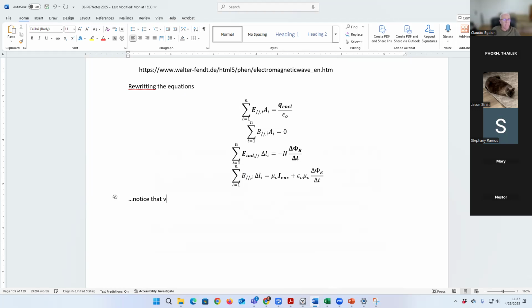Note that very far away from the source, from the generator, we have no charge distribution, and no current. No charge and no current distribution.